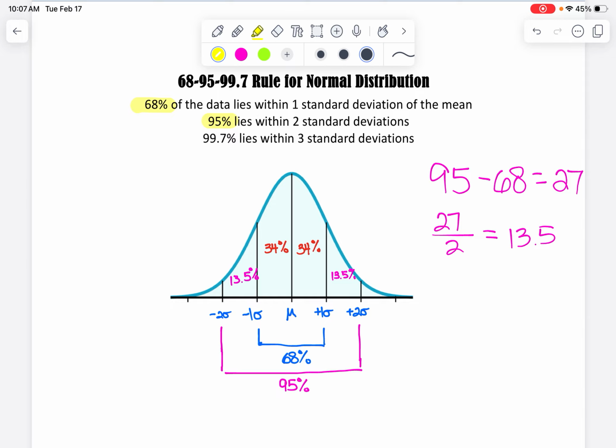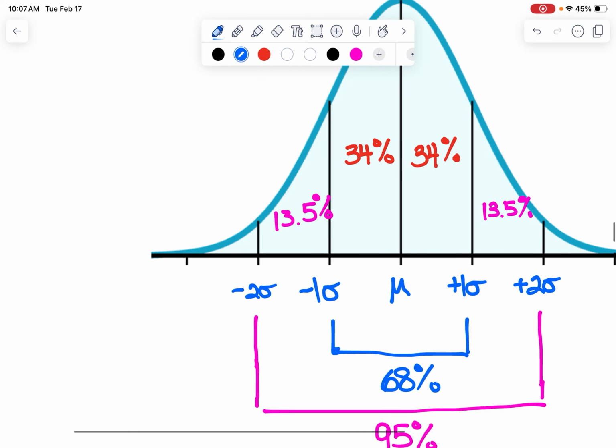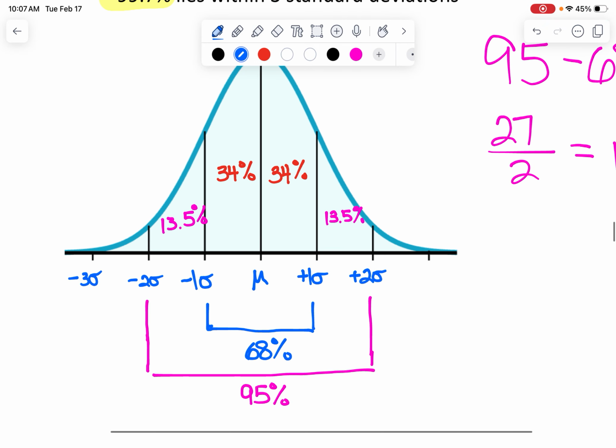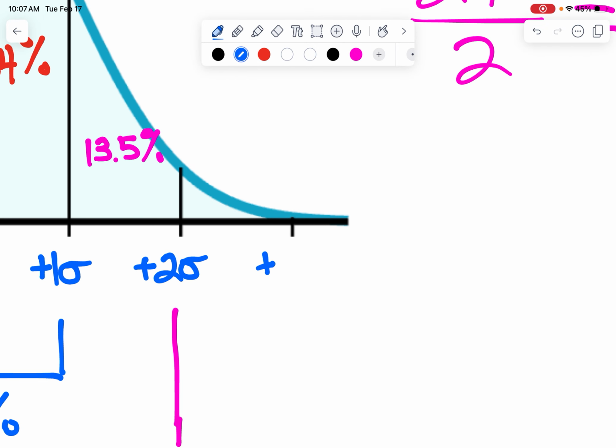All right, and then lastly, it says 99.7% lies within 3 standard deviations. So this would be negative 3 standard deviations, and this would be positive.